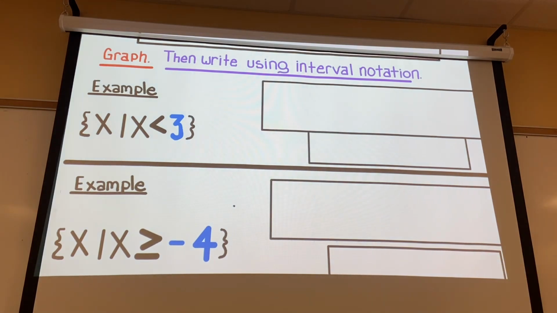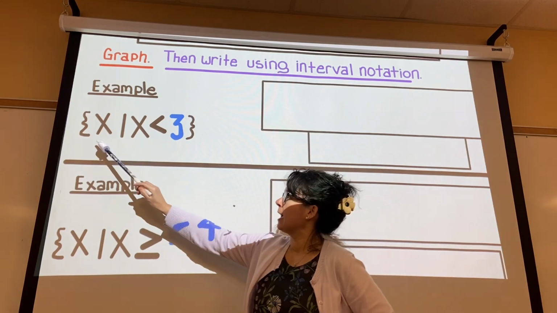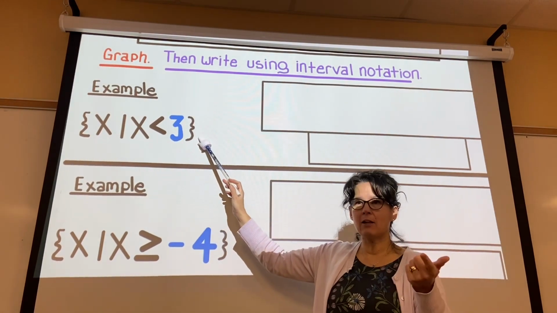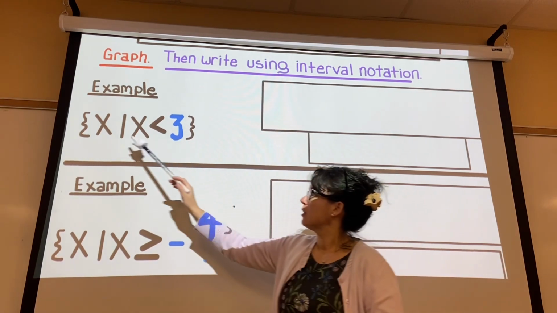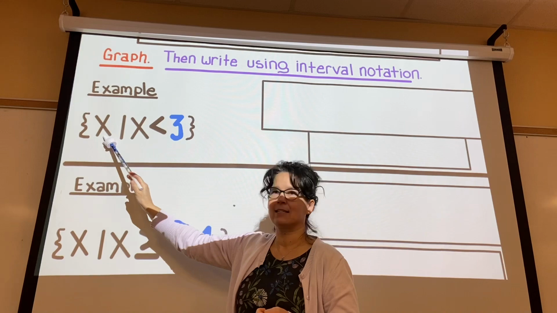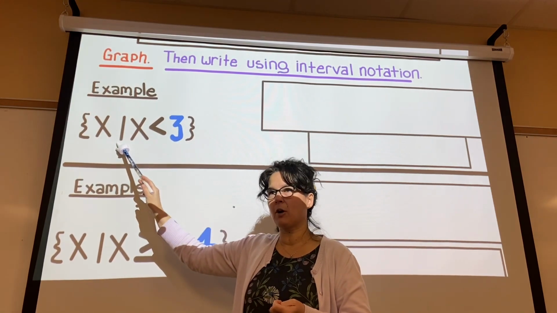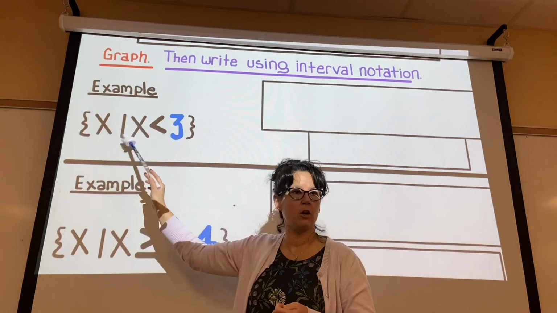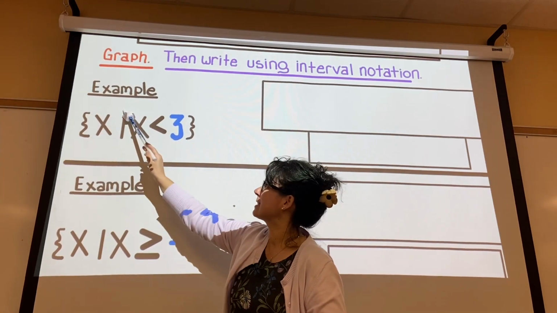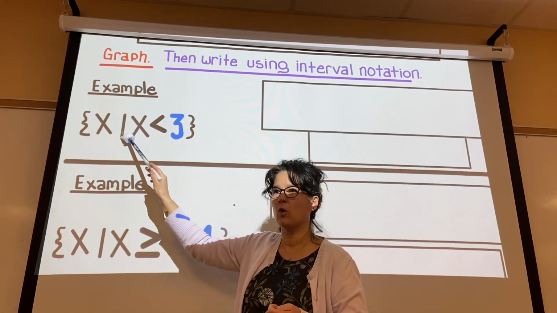The notation that we have up here is called set notation. These little squiggle lines, if you read it out loud, you say the set of x's, and then this really long line kind of looks like part of an absolute value. So we say the set of x's such that. In some books, you'll see a colon instead.